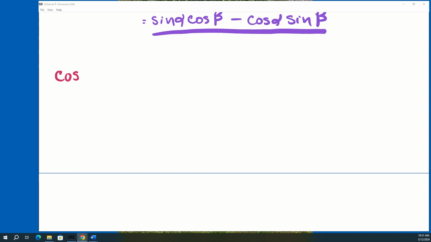So what we're figuring out is what the cosine of alpha minus beta is by finding the cosine of alpha plus the opposite of beta. So we're going to use that second sum identity, the one with cosine, and just put in negative beta for beta, please.